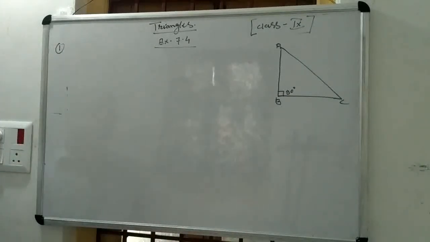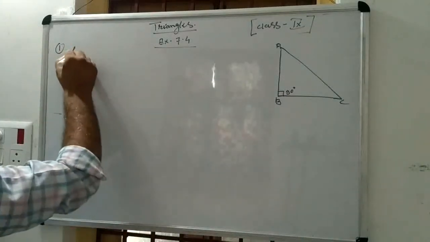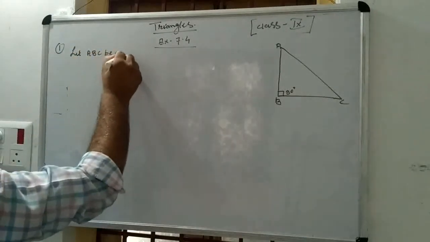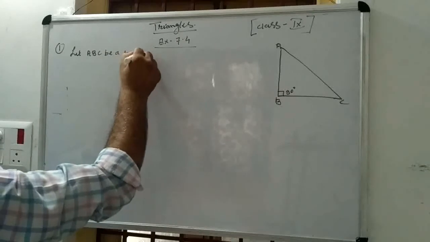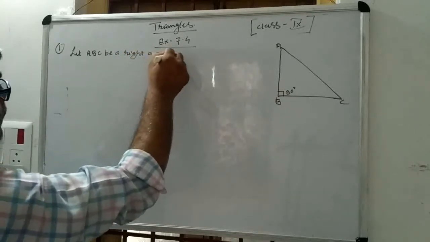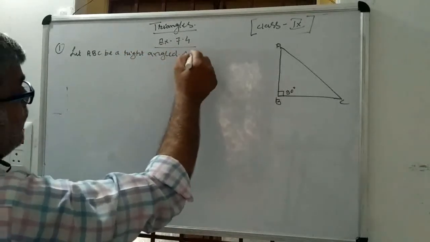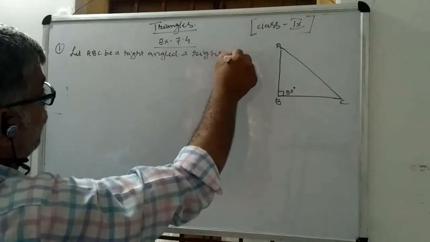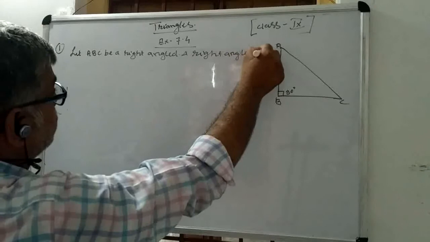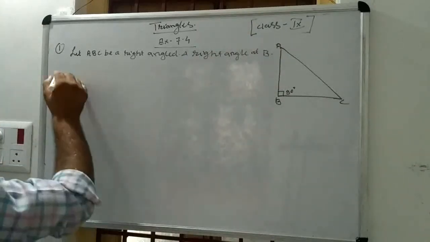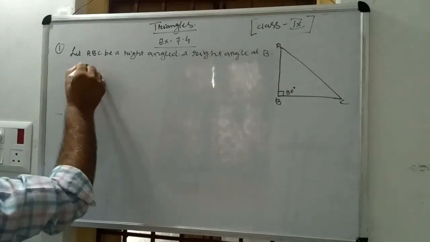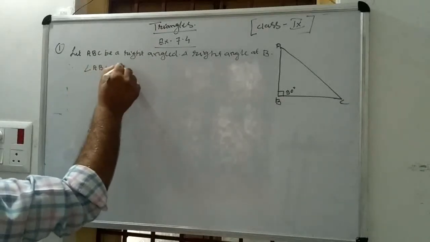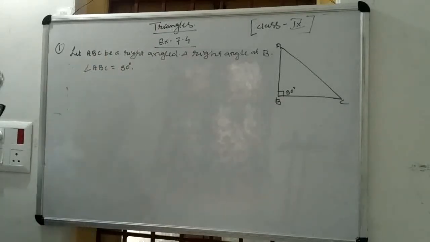So let's see. First you write, let ABC be a right angled triangle, right angle at B. Therefore, angle ABC is equal to 90 degrees.